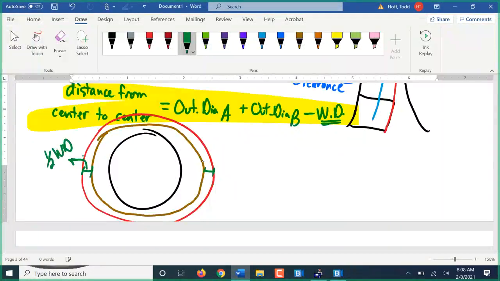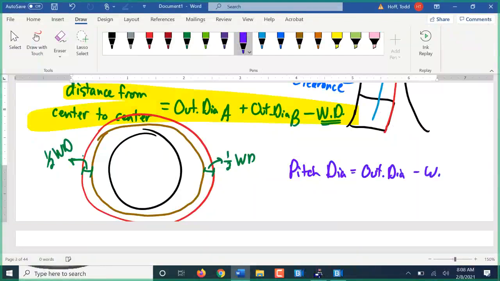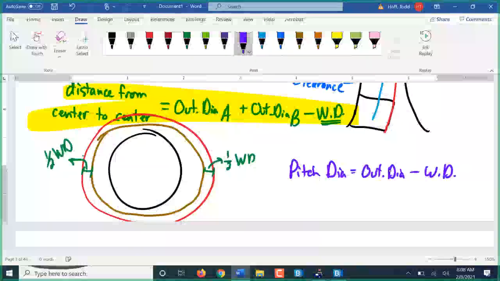Half the working depth over here. That's one full working depth off the outer diameter. So the pitch diameter to the outer diameter, minus that working depth.